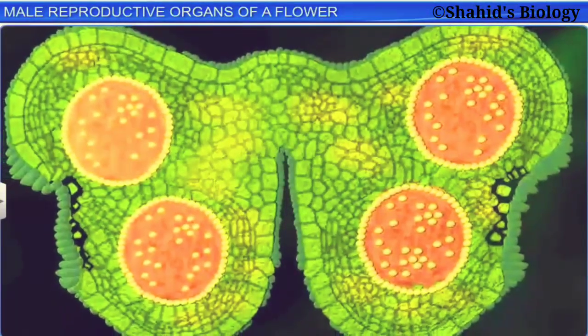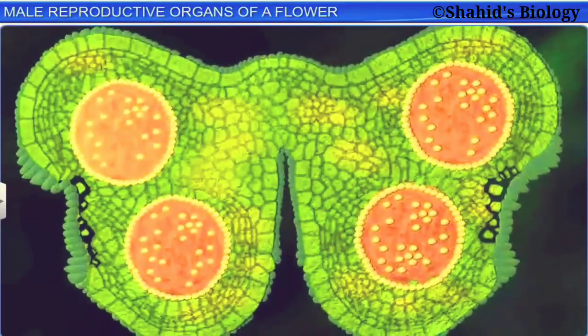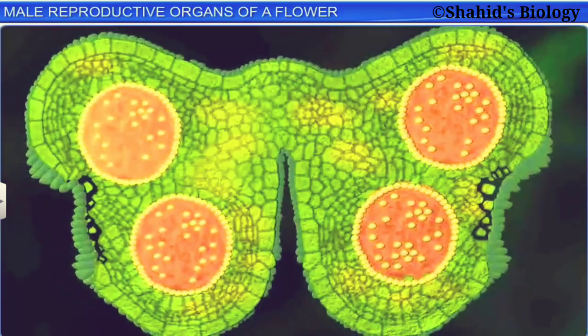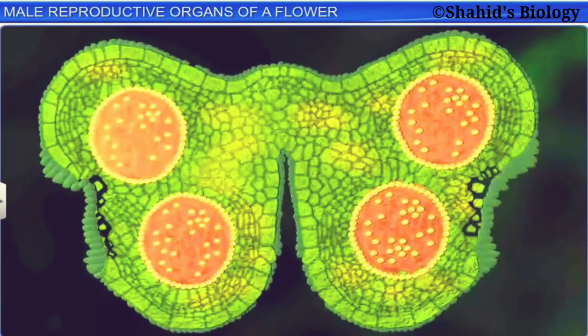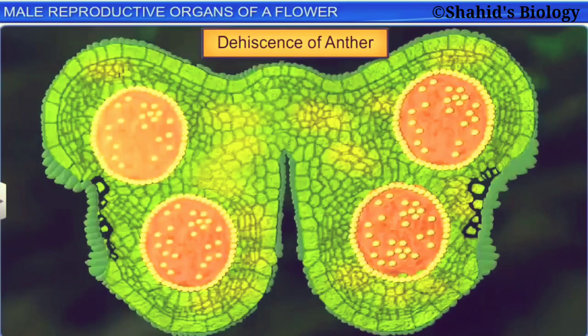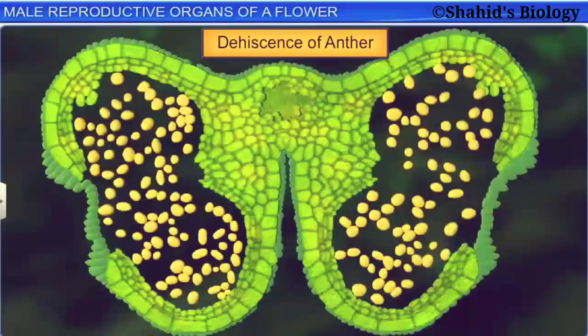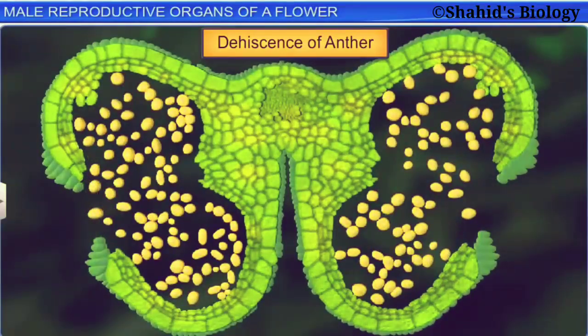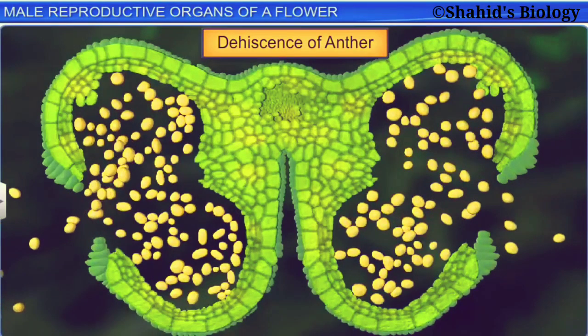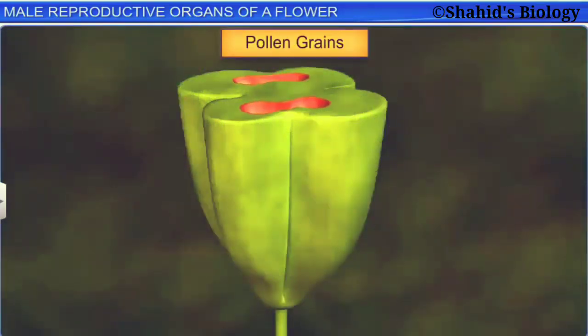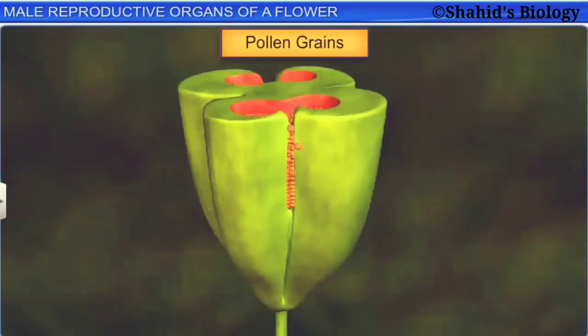After the formation of pollen grains, the endothecial cells lose water, which leads to tension in their cell walls. This tension causes the dehiscence or bursting of the anther along the line of dehiscence and results in the shedding of several thousand pollen grains.